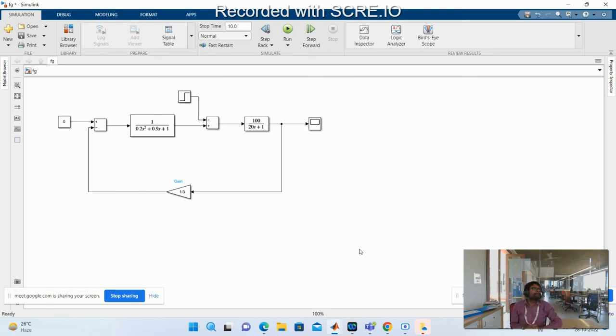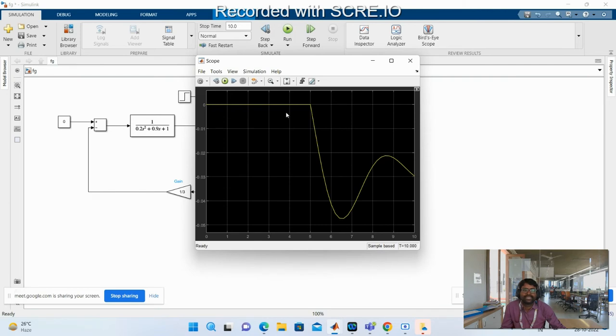Agree? Okay. So now I am simulating this diagram for 10 seconds. See the output here. It is fluctuating, but you are unable to see whether it is going to the steady state or not. What can I do?